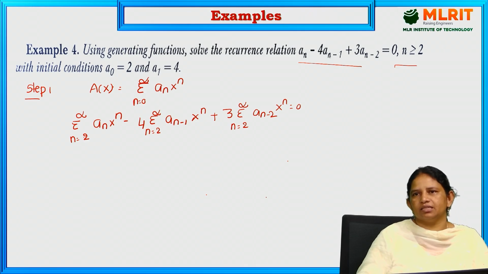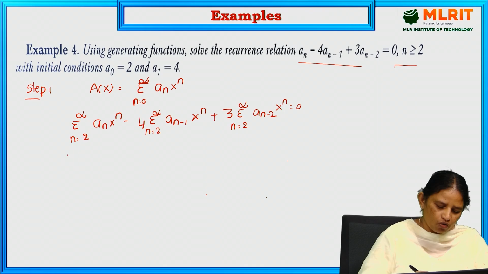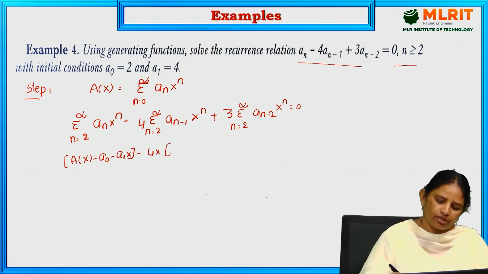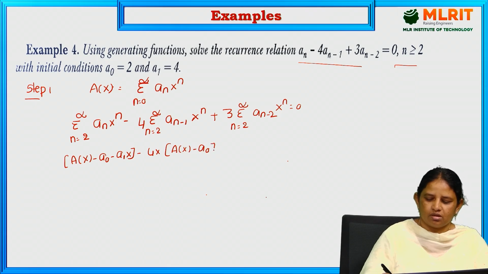Replace each term with the corresponding equation. Then we'll get A of x minus a naught minus a1x, minus 4x into A of x minus a naught, plus 3x square into A of x.